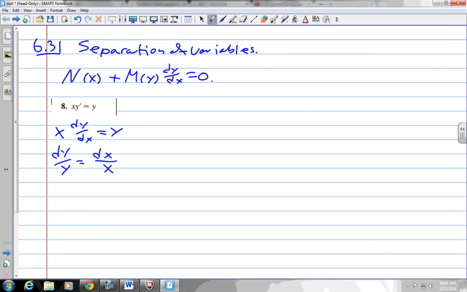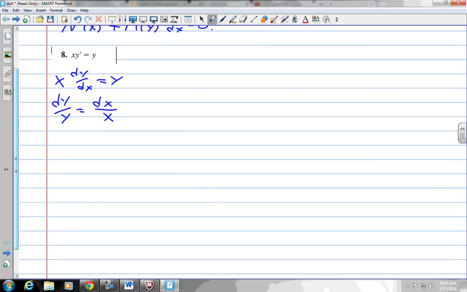Just algebraically. So from here on, you do something to one side, you do the same thing to the other side. We'll integrate both sides. So these are nice little integrals, right? What's the integral on the left? On the y, on the right? Technically, I need absolute values.